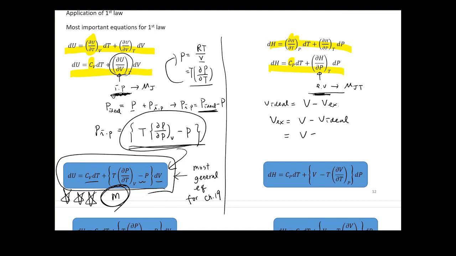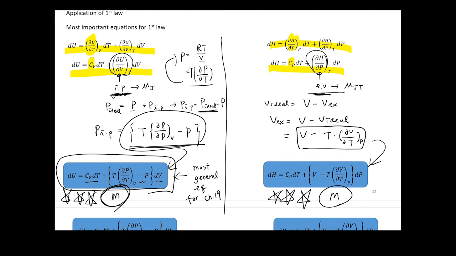And then we want to express our V ideal as T times partial V partial T at constant P. So you substitute your second term, and that gives you the most general equation for your H. Again, this is the most general equation for your H for chapter 19, so please memorize it.